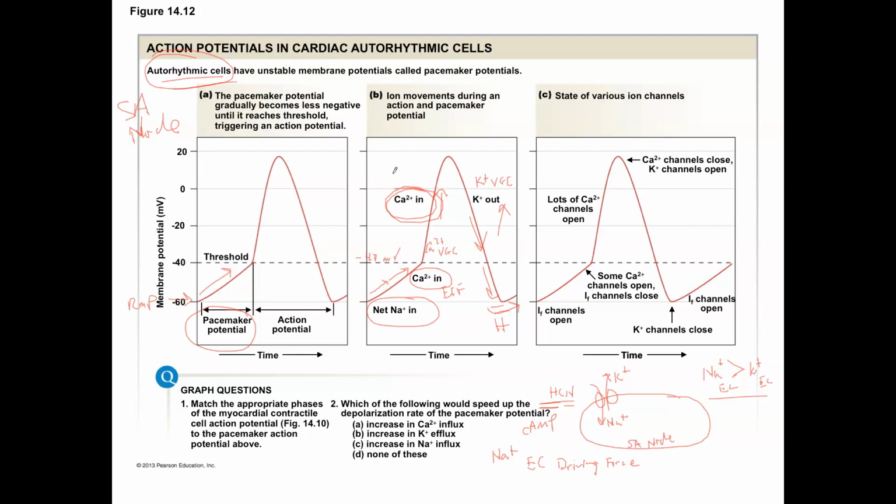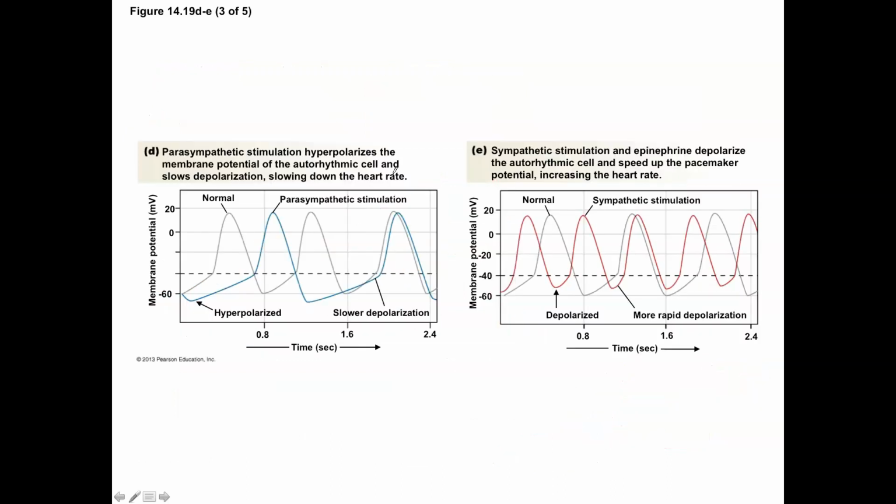The last thing to note about this process is that this particular action potential can be influenced by the nervous system. Although the conductive system cells generate their own action potentials without the nervous system, we do know that the autonomic nervous system can influence heart rate.